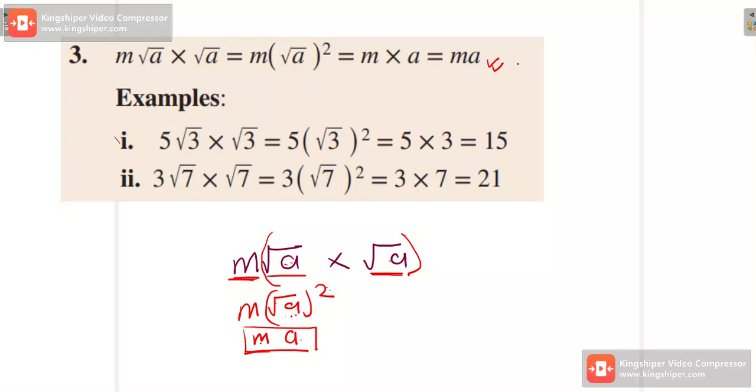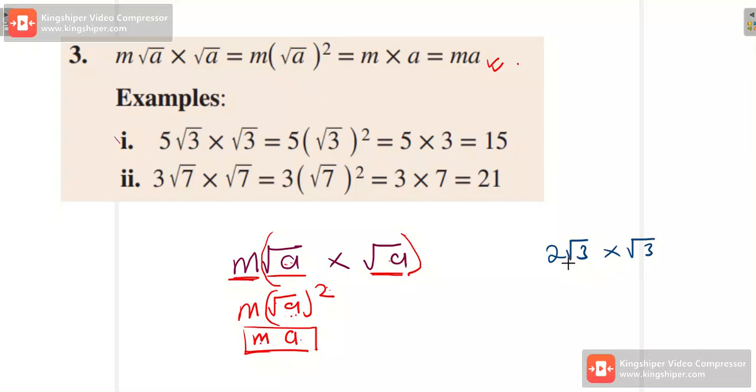So an example is if you have 2 root of 3, so let's say we have 2 root of 3 multiplying root of 3.